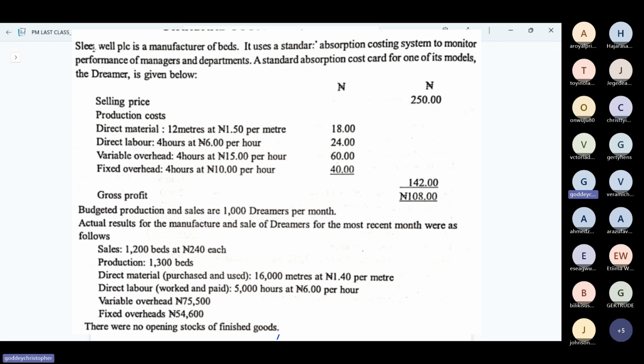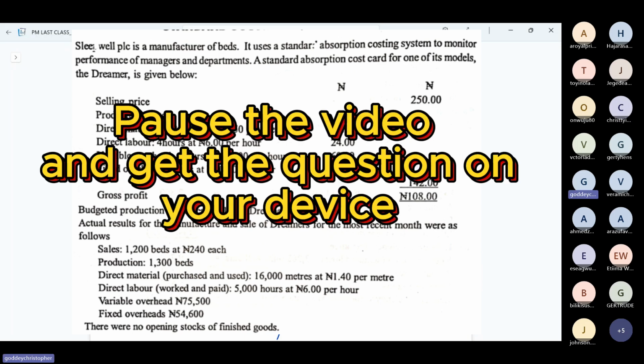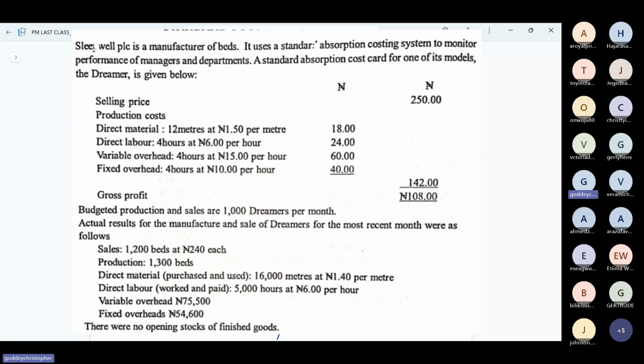Sleep Well PLC is a manufacturer of beds. It uses a standard absorption costing system to monitor performance of managers and departments. A standard absorption cost card for one of its models, the Dreamer, is given below.